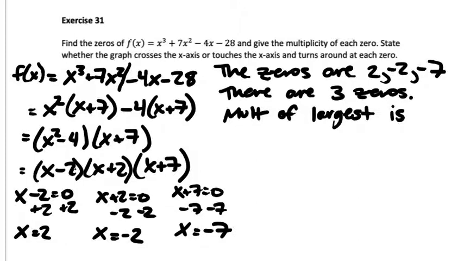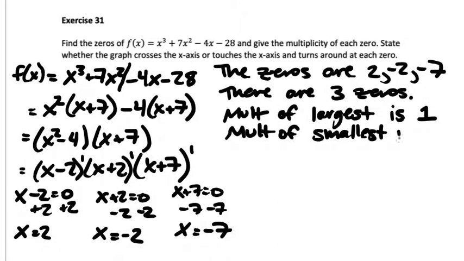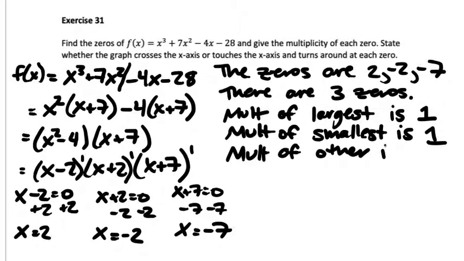Now, for this, each set of parentheses has a power of 1 because none of them have any powers on them. So they all have a multiplicity of 1. So multiplicity of the largest zero is 1. Multiplicity of the smallest zero is 1. And the multiplicity of the other one, the middle one, is also 1. They all have a multiplicity of 1.